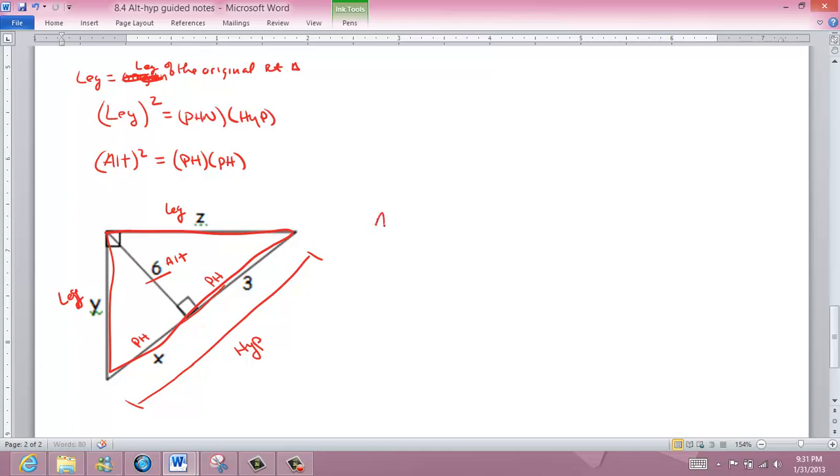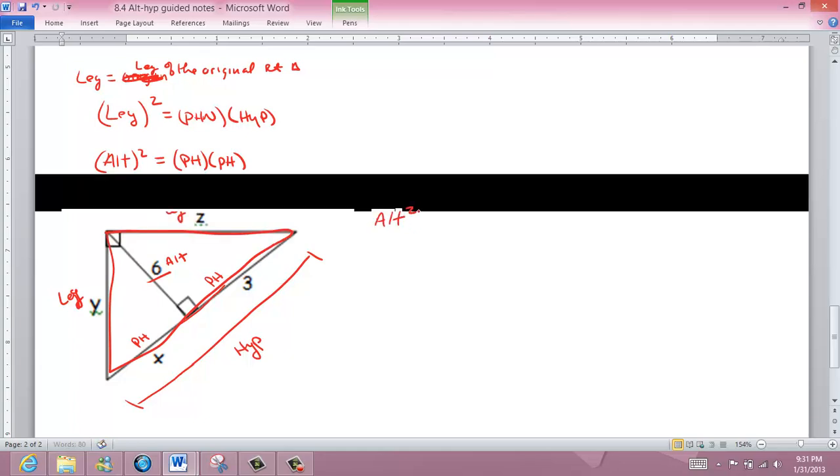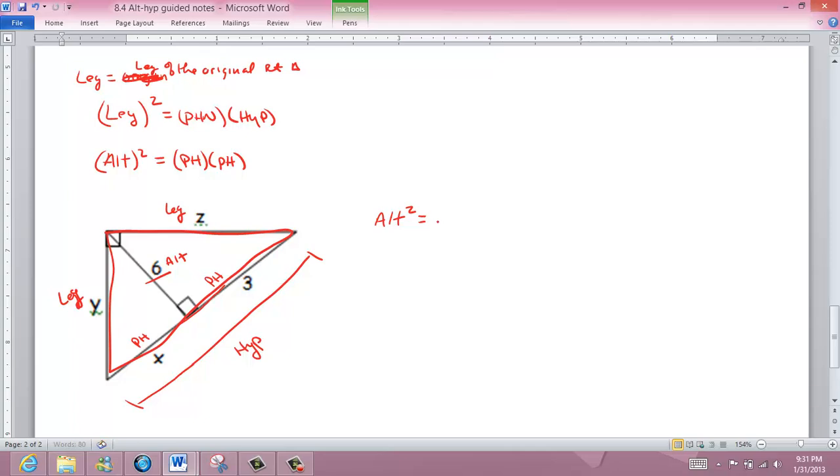So, using the formula, altitude squared equals piece of the hypotenuse times piece of the hypotenuse. What is my altitude? Well, that's 6. So 6 squared equals, what's one piece of my hypotenuse? Well, 3 times my other piece of the hypotenuse, x.